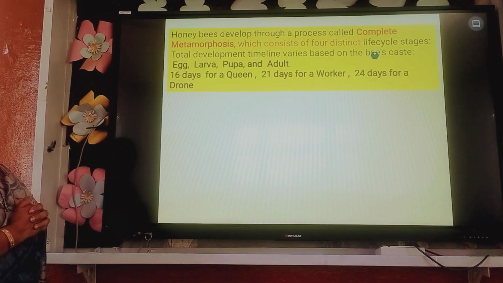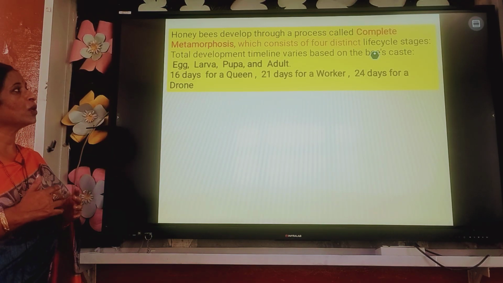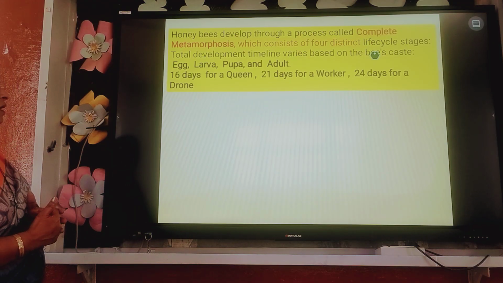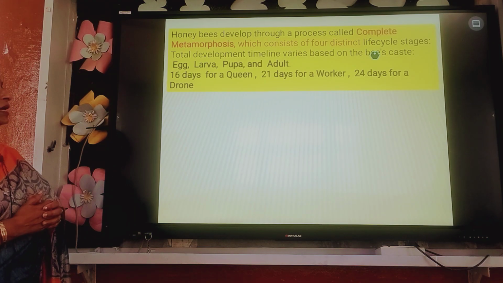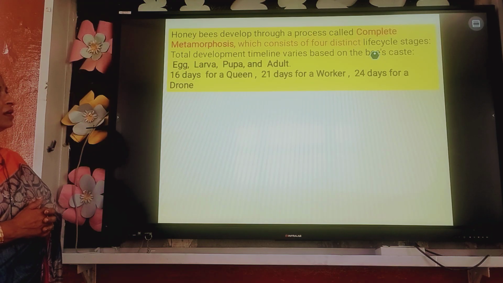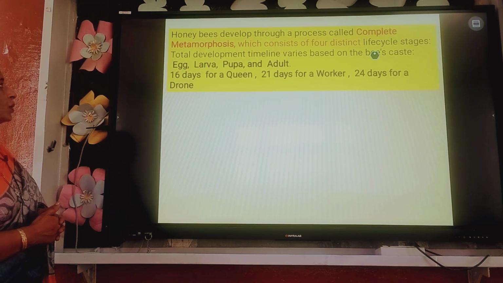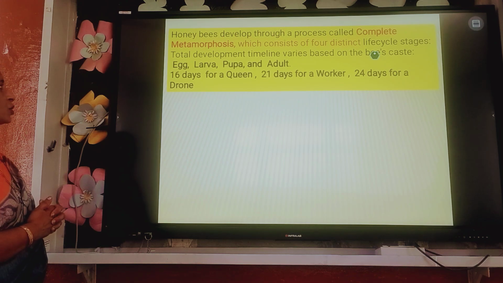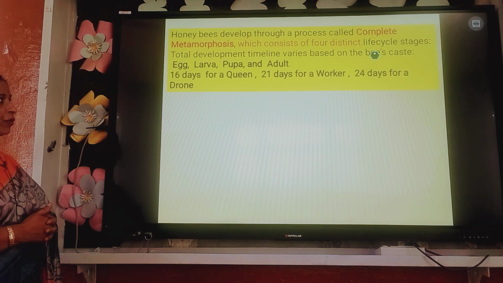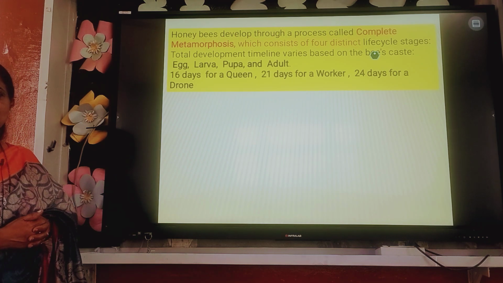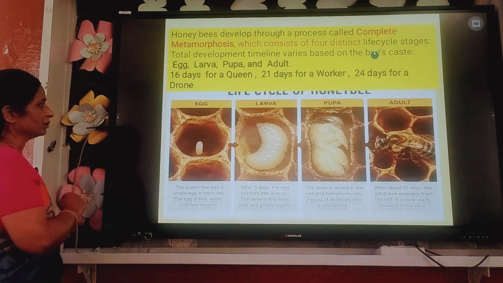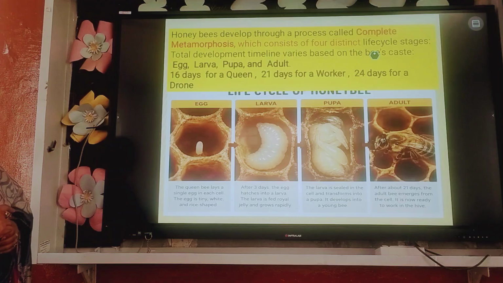Complete metamorphosis means consisting of 4 distinct life cycle stages, and the total development timeline varies based on the bee's caste. So there may be egg, larva, pupa and adult. In 16 days it becomes the queen, in 21 days it becomes a worker, and in 24 days it becomes the drone.